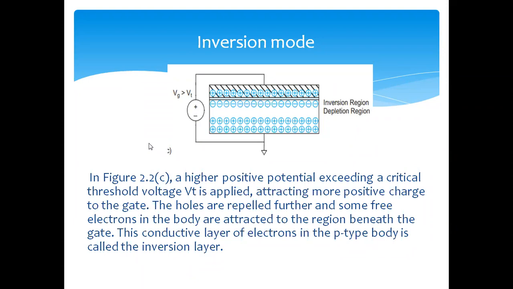And if you further increase that positive voltage, greater than the threshold voltage, the holes go further away, and the free electrons start getting attracted towards the positive gate region. This action of repelling the holes away and attracting the electrons is called inversion mode.